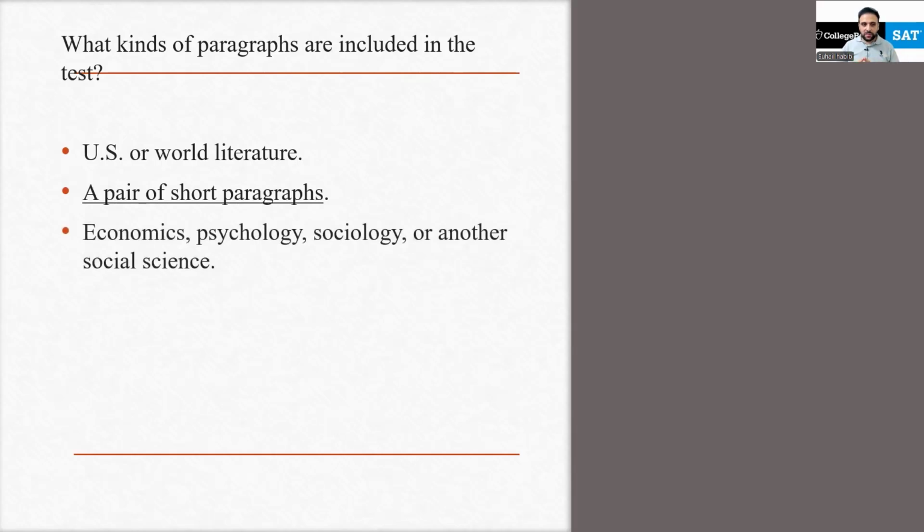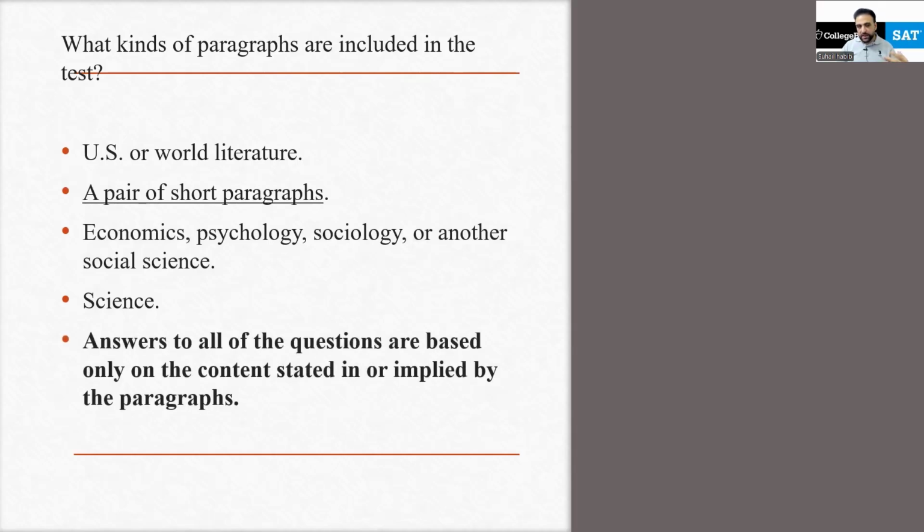You will have paragraphs that focus on topics like economics, psychology, sociology. All of these are social science topics. Finally, you will have paragraphs that focus on science. Under the umbrella of science, we have astronomy, the study of space, chemistry, biology, and physics. You might have a paragraph that focuses on any of these topics.